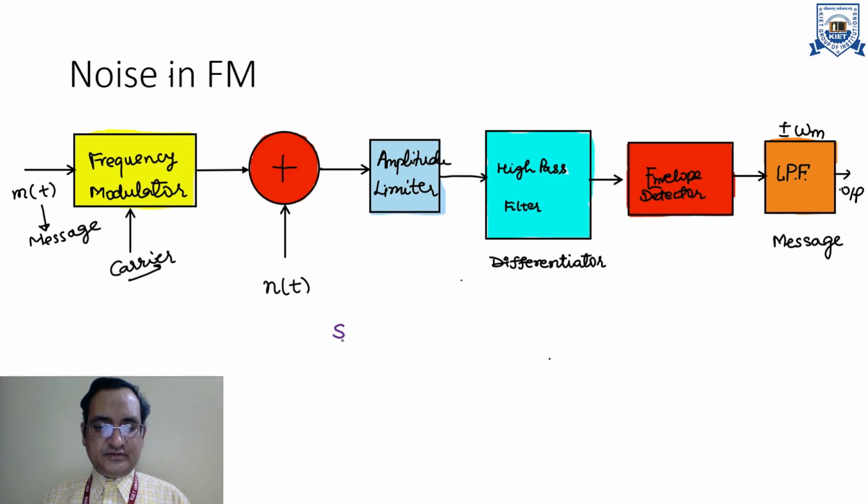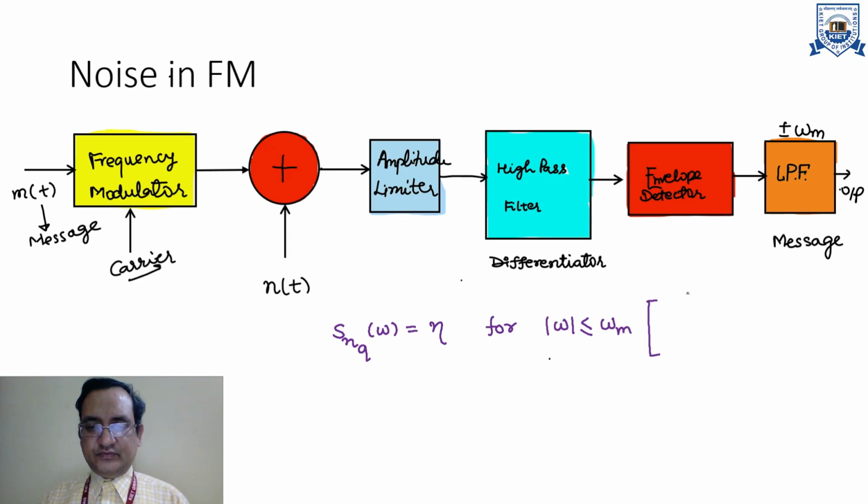The power spectral density S nq of omega is equal to eta for mod of omega less than or equal to omega m. This was proved in the previous videos that S of nq omega will be plotted as this. This is your power spectral density. This will be minus of omega m and this will be plus of omega m.